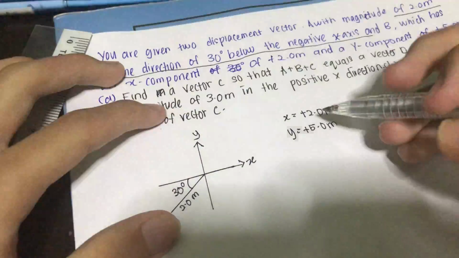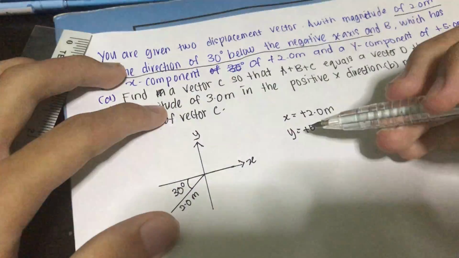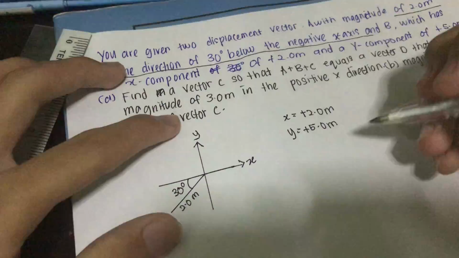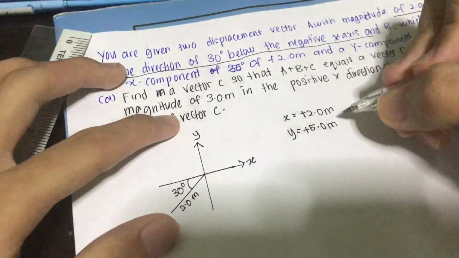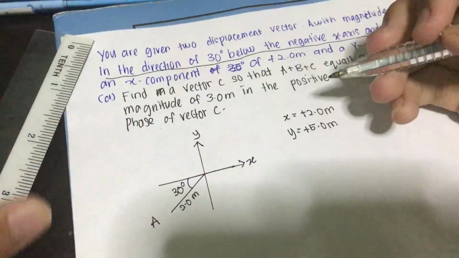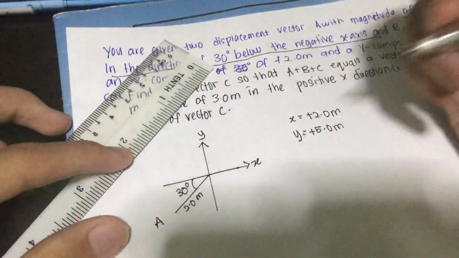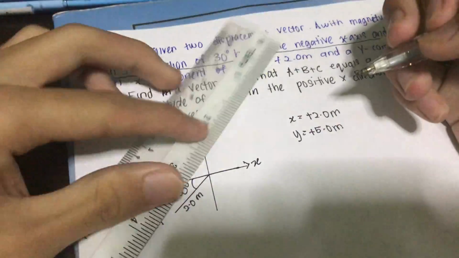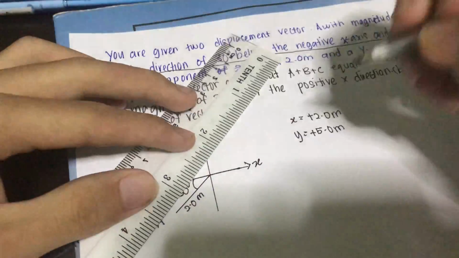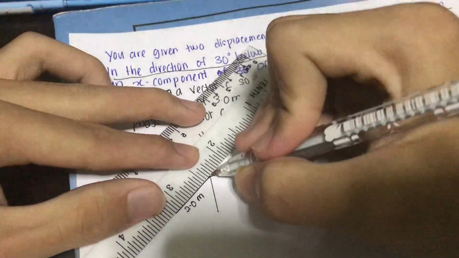Both x and y components have a plus symbol, so for B we sketch in the first quadrant.